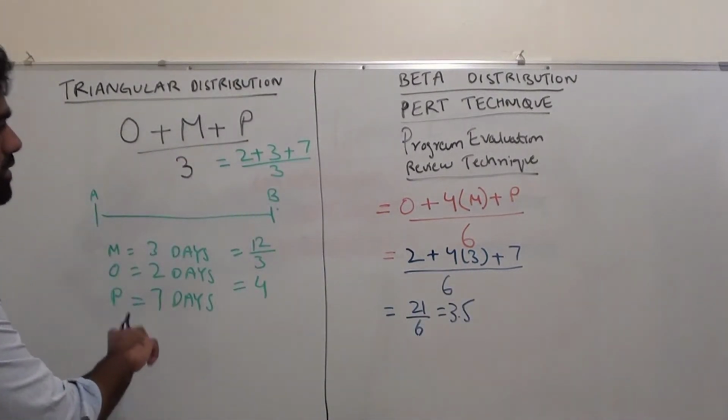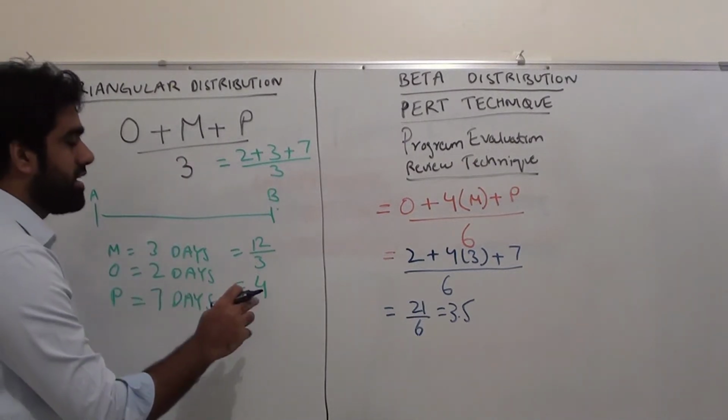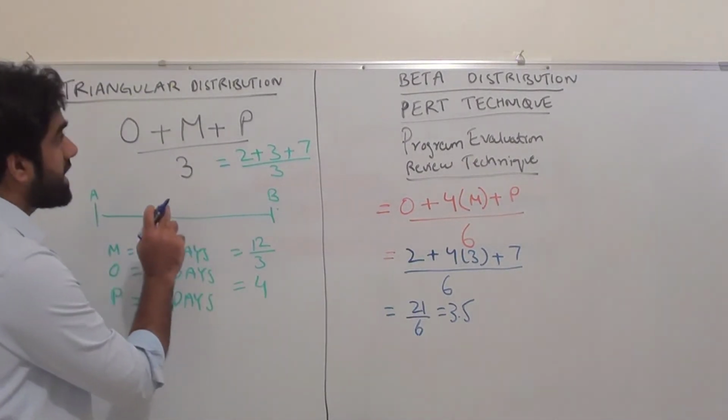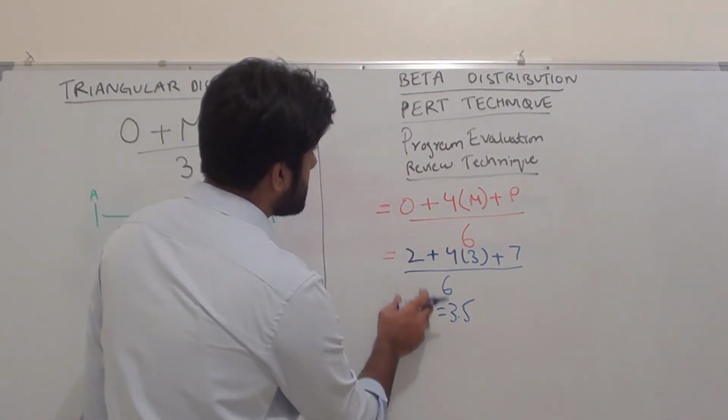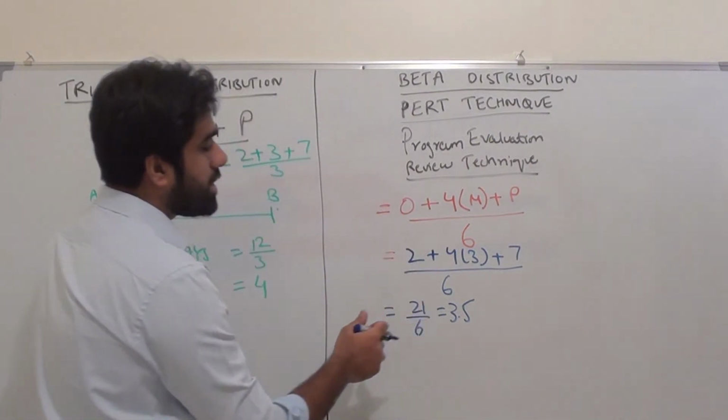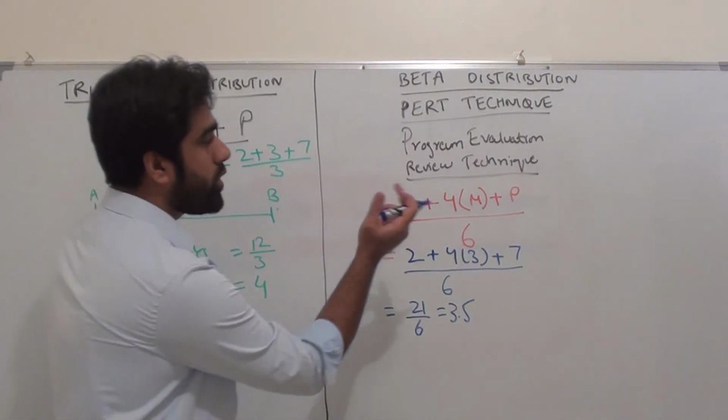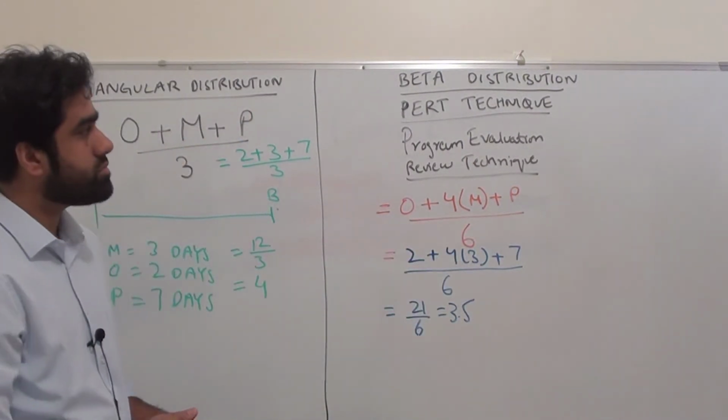So look at the difference: when we used triangular distribution we got the value 4, but in beta distribution we got the value 3.5 because we are giving more weightage to the most likely option.